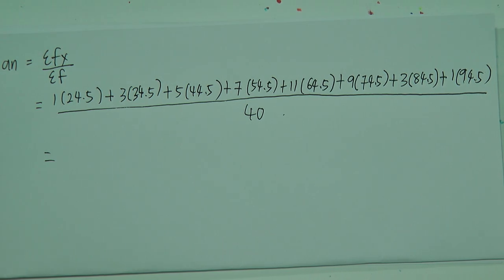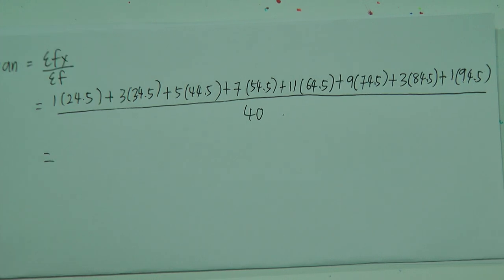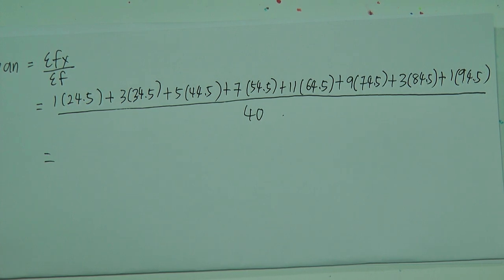I'm going to press it now. 24.5 plus 3 multiplied by 34.5 plus 5 multiplied by 44.5 plus 7 multiplied by 54.5 plus 11 multiplied by 64.5 plus 9 multiplied by 74.5 plus 3 multiplied by 84.5 plus the last one, 1 multiplied by 94.5.